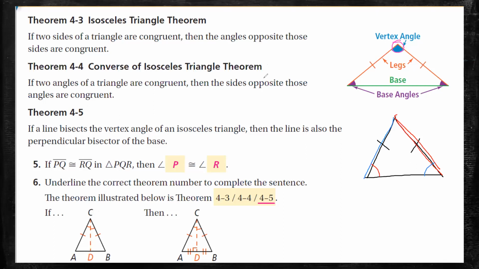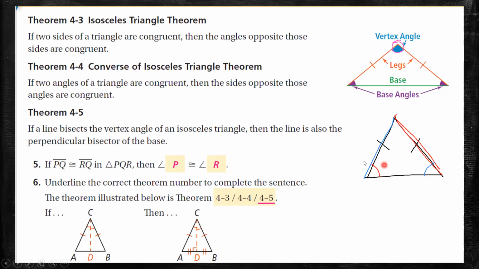The second theorem, which we call the converse, says that if two angles, I mean the red and the blue angles, are congruent, if these two angles, this one and this one, are congruent, that means their opposite sides will be congruent too.